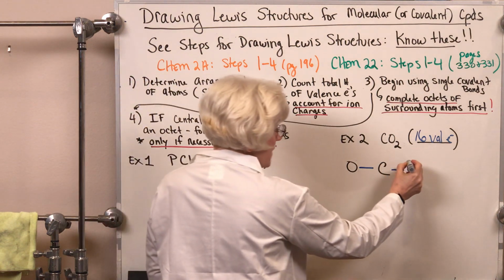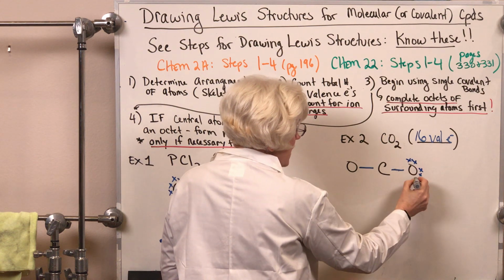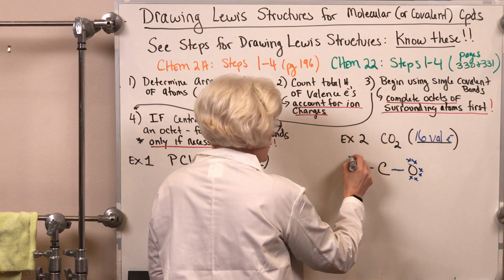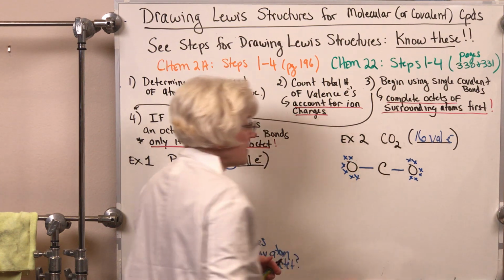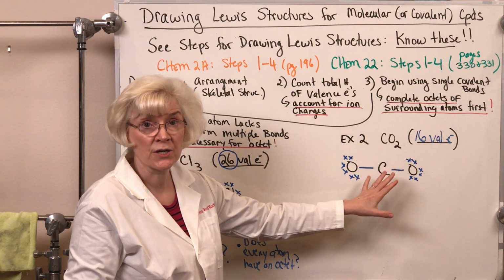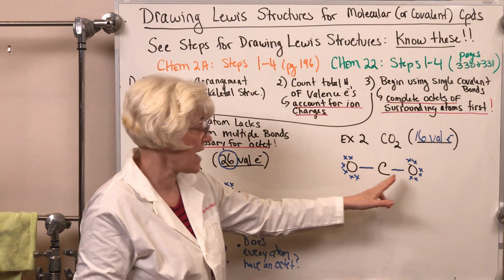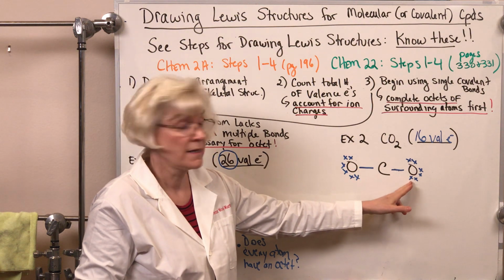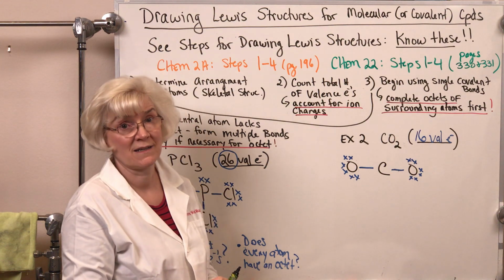So I'm going to quickly put 6 electrons around each of the oxygen atoms to complete their octet. Stopping and looking at this picture, I see that each of the oxygens now has an octet, but carbon does not have an octet.